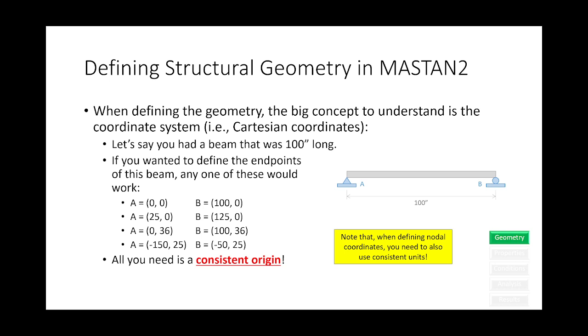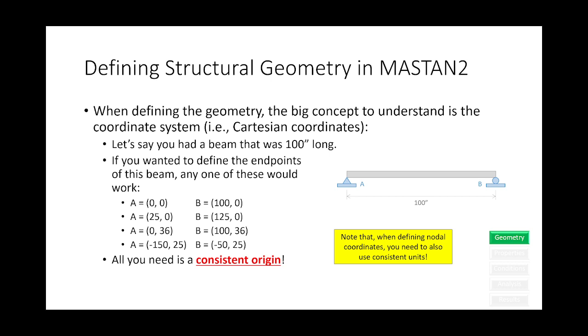Another thing to think about in defining structural geometry is the coordinate system. Whenever you're building a model, let's say we have a beam here that's 100 inches long. You need to define a beam that's 100 inches long. You could say that this is 0, 0, and this is 100, 0.